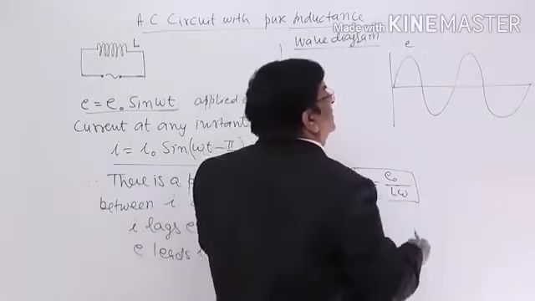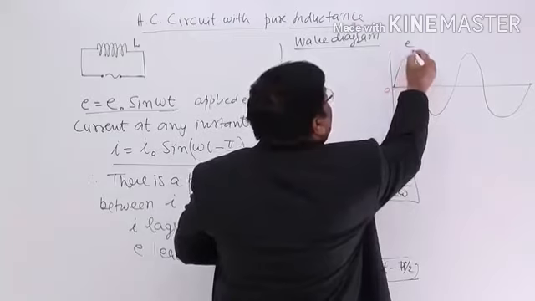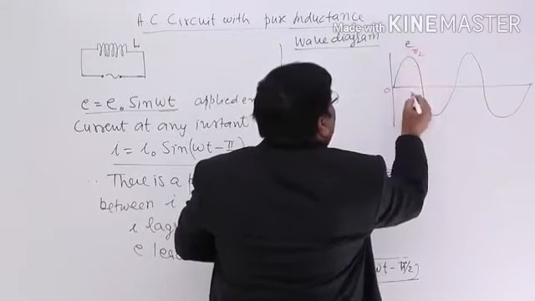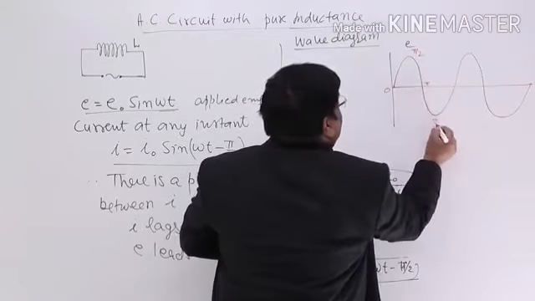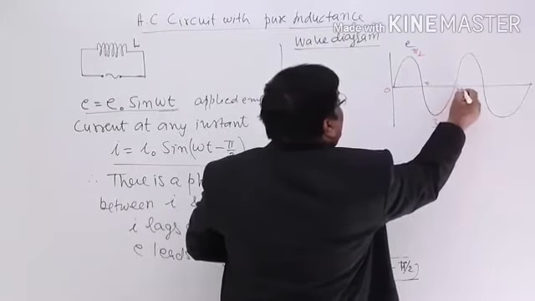Where is pi by 2? This phase is 0, this is pi by 2, this is pi, this is 3 by 2 pi, and this is 2 pi.